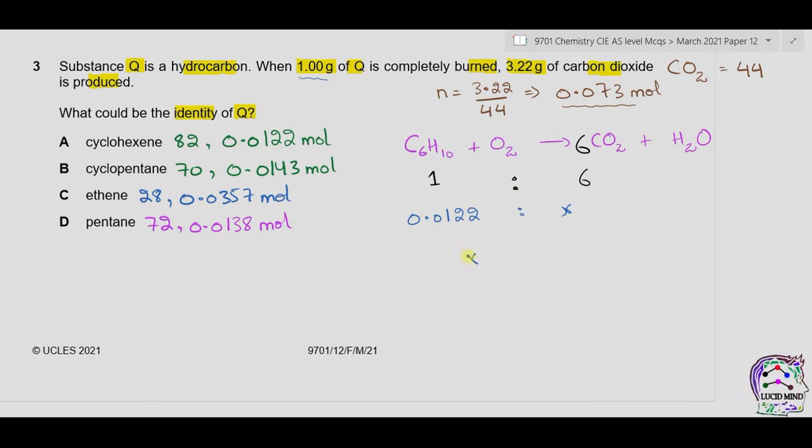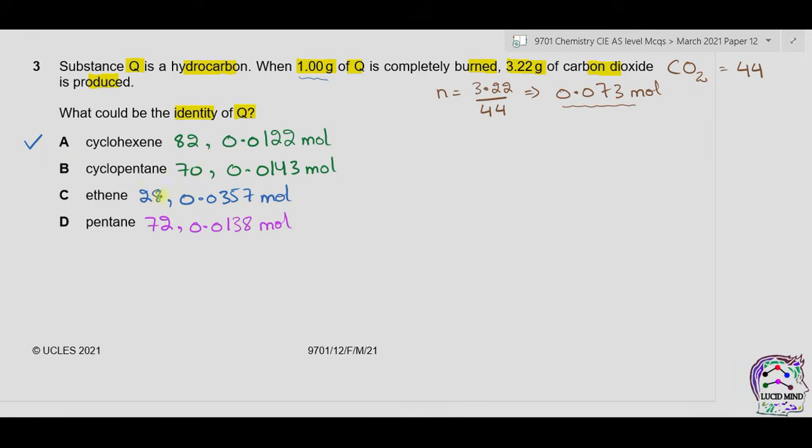By cross multiplying, X is equal to 0.0122 into 6. So it comes equal to 0.073 moles of CO2 that is produced. As we can see the number of moles are the same, so A could be the correct option.